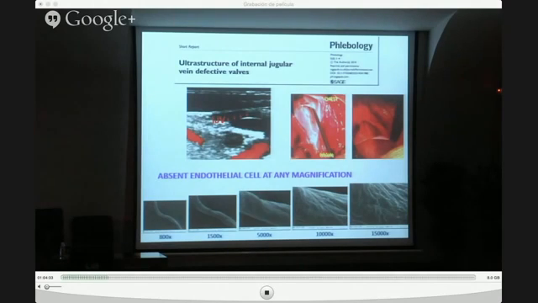Look at the bottom panel. This is the magnification of the stuck valves, and the stuck valves do not exhibit any endothelial cells at any magnification. So it seems like a fibrous tissue, something really different from control tissue.